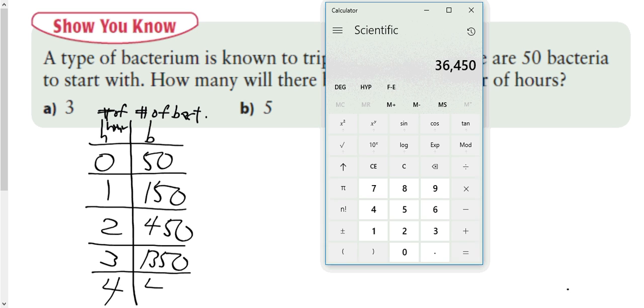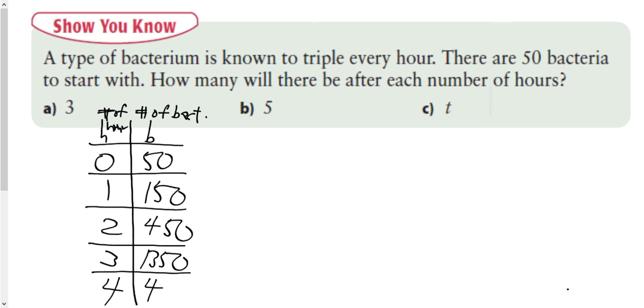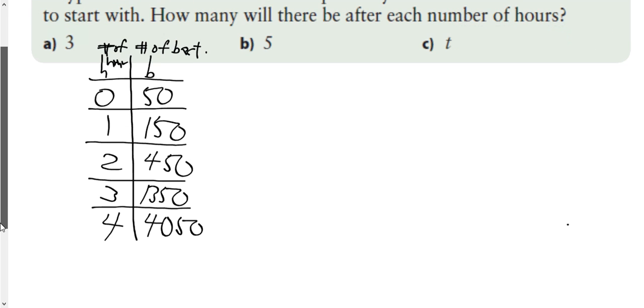I better do that in the calculator. 1350 times 3 is 4,050. The brain wasn't working. And finally, after 5 hours, that 4,050 is going to triple, giving us 12,150 bacteria. So how many will there be after 5 hours? The answer is 12,150. After 3 hours, there'll be 1,350.